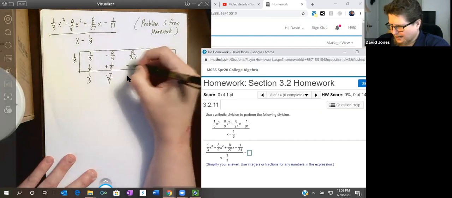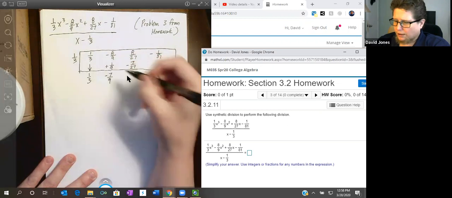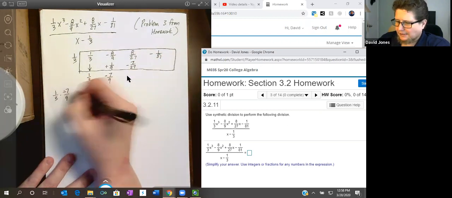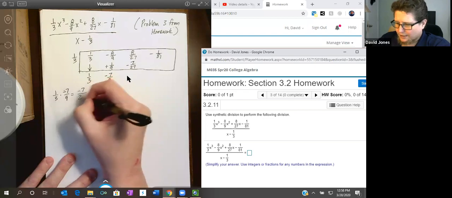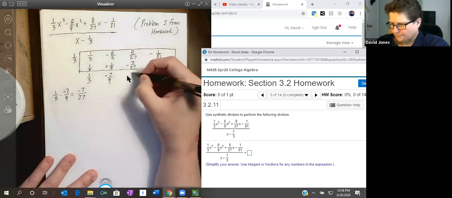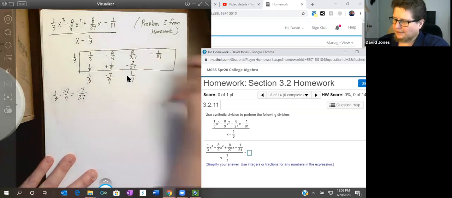So now I've got -7/27. Multiply 1/3 times -7/9. You get -7 on top, 27 on bottom. Add these up, I get 1/27.